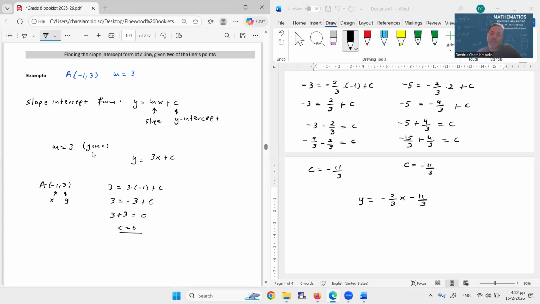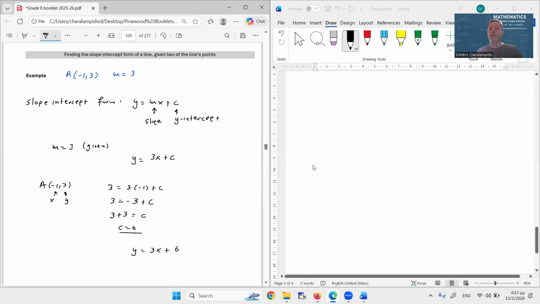Which means that in the very end, we have the slope-intercept form of 3x plus 6. So that one is the same as before, but even quicker. Why is that? Because we have eliminated the part where we are actually using the slope-intercept form to determine the slope. Let's do another quick example and we'll wrap up everything.